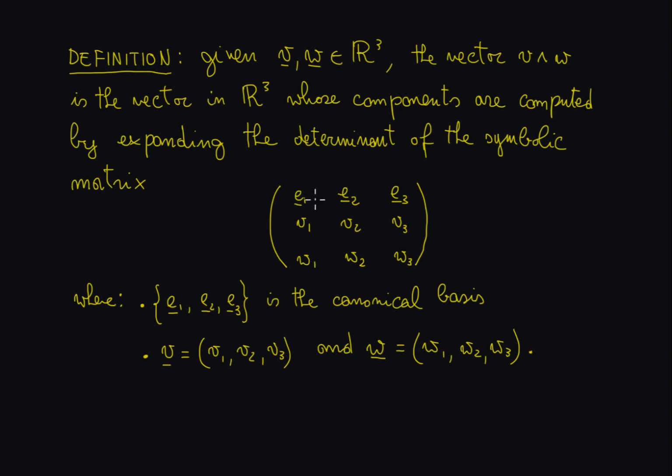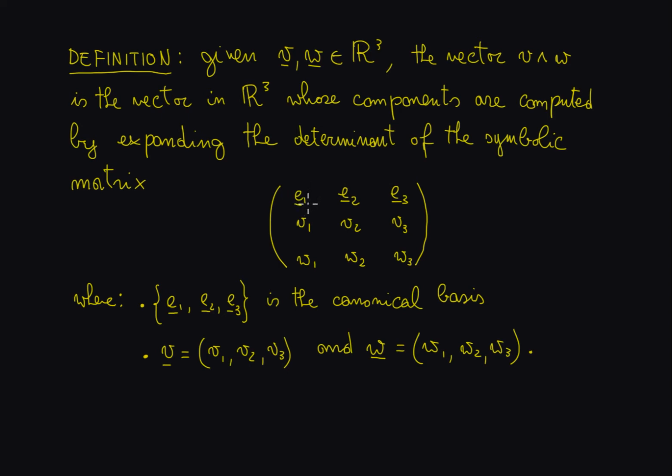Each of them is a vector of the canonical basis of R3. So e1 is the vector (1, 0, 0), e2 is the vector (0, 1, 0), and e3 is (0, 0, 1).